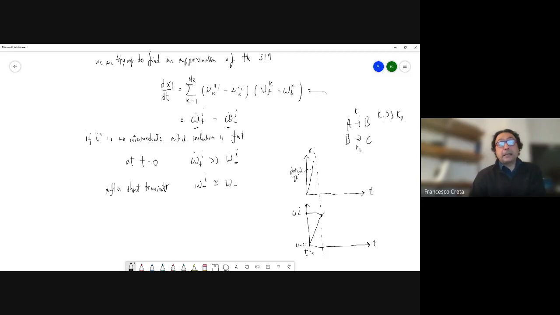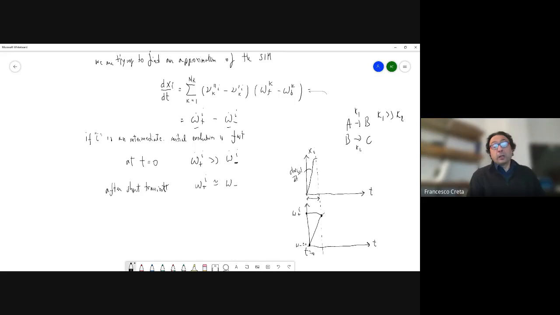So dx by dt will eventually equal 0, so x will reach a plateau. And essentially, that sort of behavior means that we will have the occurrence of this very fast transient, which you can measure by this very fast evolution here, a very small transient. So after this, the species may be considered in so-called quasi-steady state.